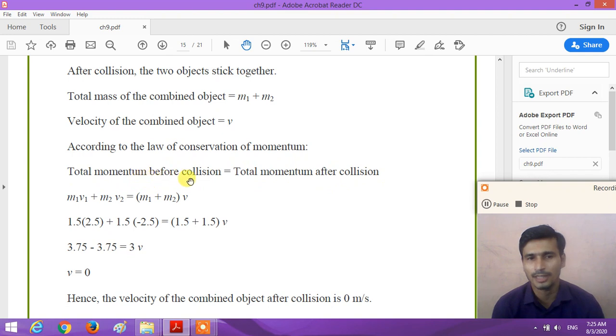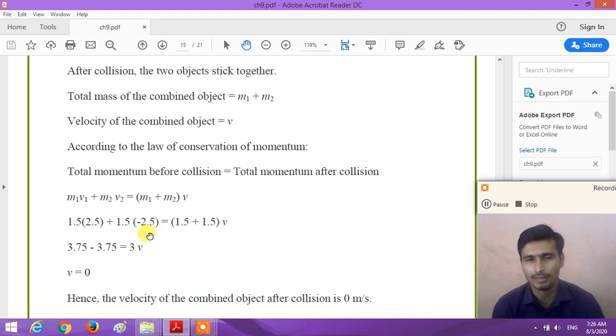So total momentum before collision is m1 v1, momentum of the first object, plus m2 v2, momentum of the second object, and after collision both objects stick together, so the momentum after collision is (m1 plus m2) into v. Now put the values: 1.5 into 2.5, plus 1.5 into minus 2.5, is equal to (1.5 plus 1.5) into v.